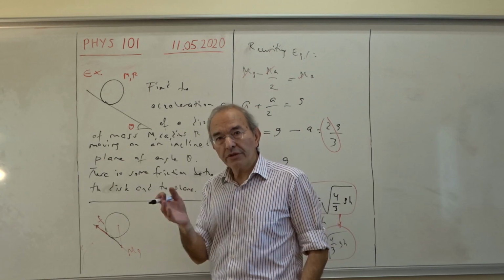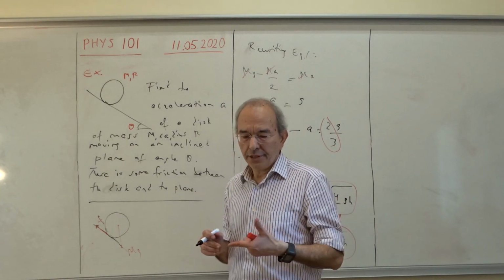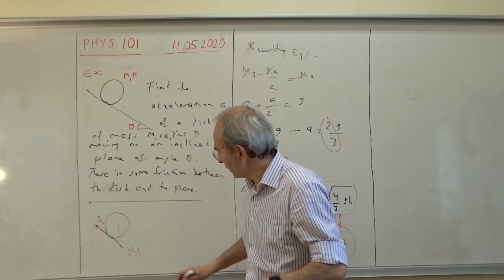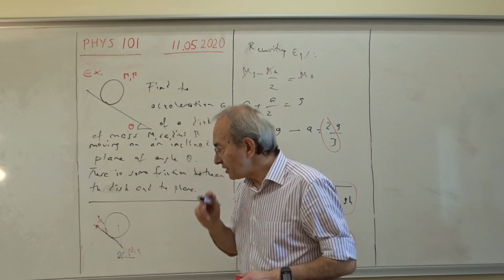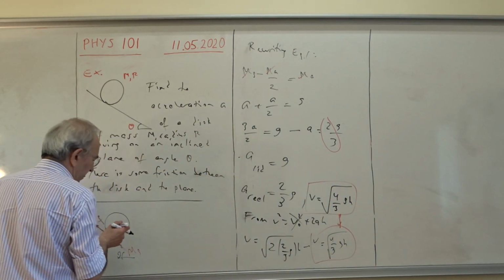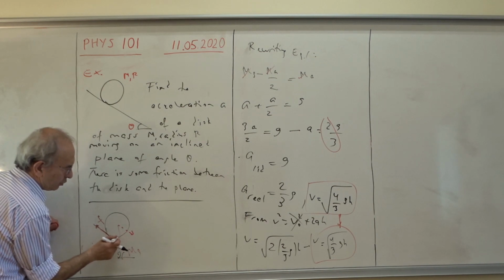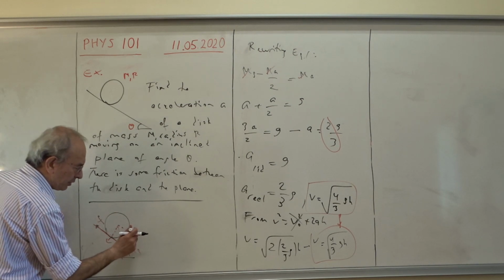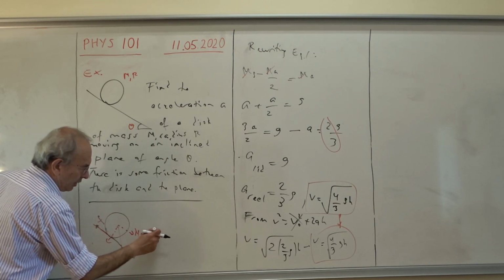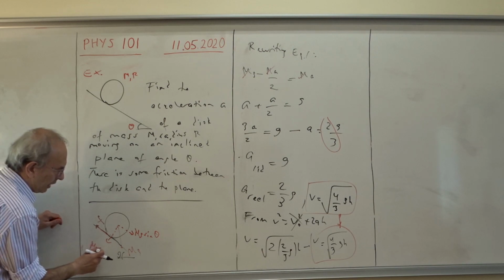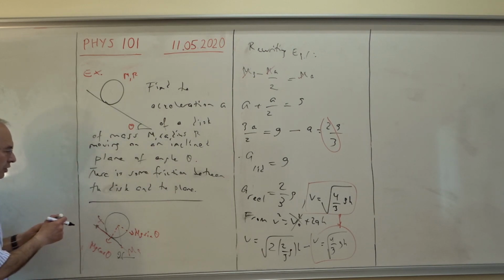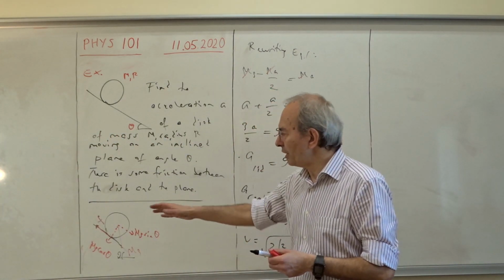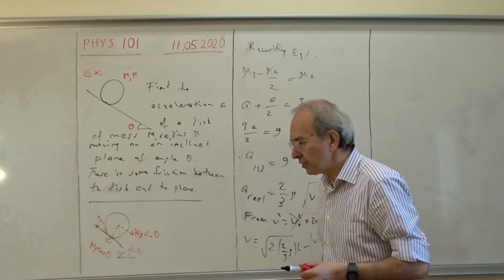And remember from the previous chapters that mg has to be decomposed into two parts, a parallel part and a perpendicular part. This is angle theta. Therefore mg has two components: the parallel component is mg sine theta, the perpendicular one is mg cosine theta. The friction could be written as normal force times coefficient, but it is enough to write it as f. It will anyway cancel.